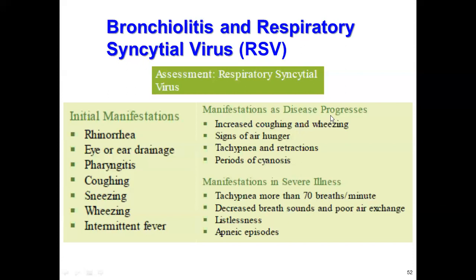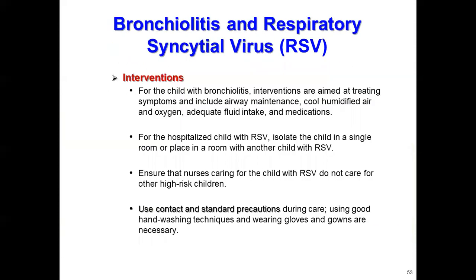As the disease progresses, we see increased coughing or wheezing, signs of air hunger, the baby struggling for oxygen, tachypnea, and retraction of the intercostal muscles. Also, the patient develops cyanosis. If our patient has bronchiolitis because of respiratory syncytial virus, what are the interventions?